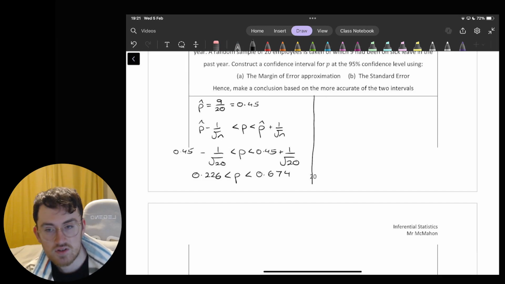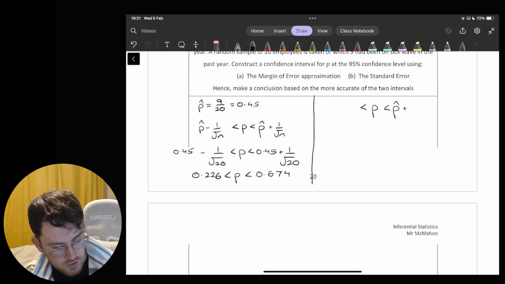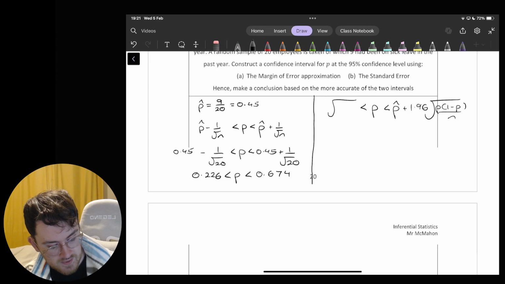If we now try this with our standard error approximation, we need to change our formula slightly. So p hat plus 1.96 times the square root of p(1 minus p) over n, and the same on the other side here.